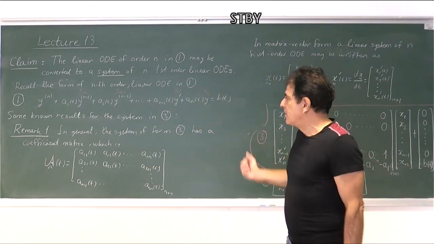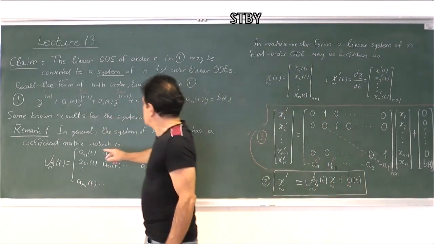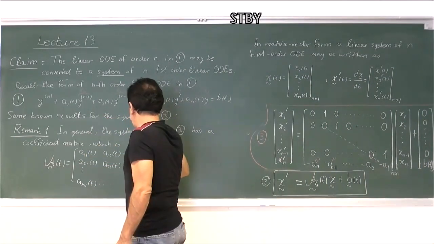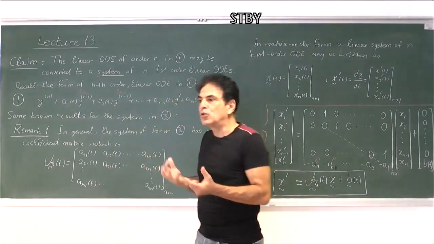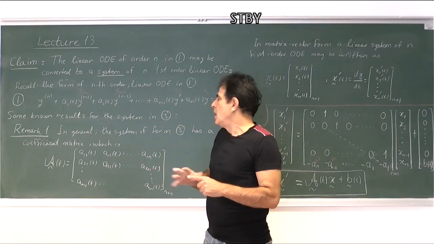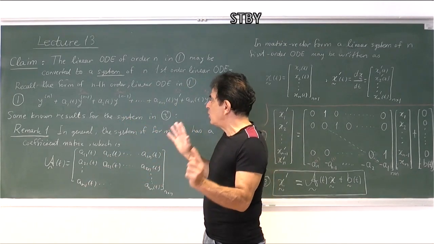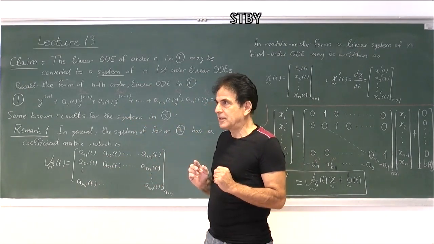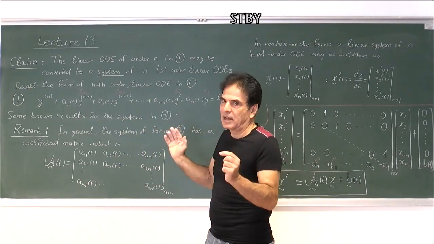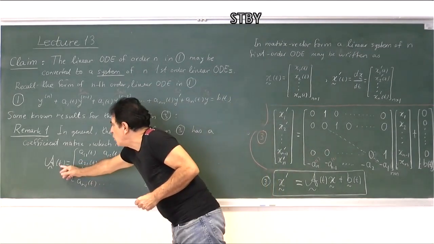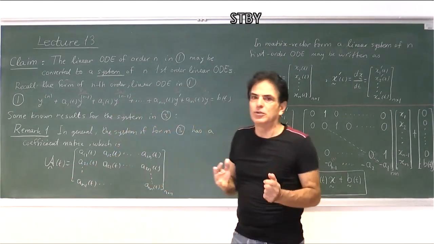We learned that such a system with a general coefficient matrix has a solution valid on some open t interval from alpha to beta, where the coefficient matrix is continuous.